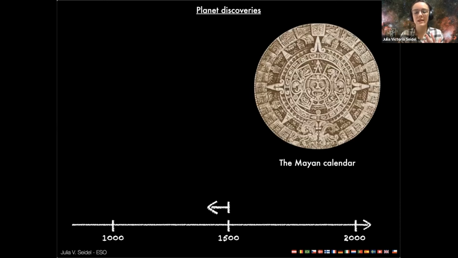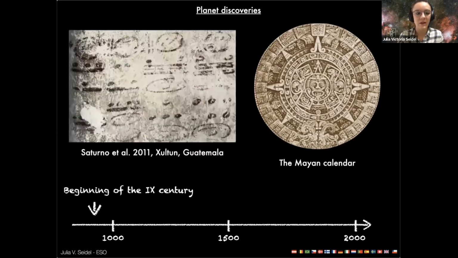This isn't just to show you the cultural impact that planets have always had on our civilizations, but also this is the very start of what I would call the planetary or the exoplanetary sciences, because even all the way to the beginning of the 9th century, there were observatories solely dedicated to tracking the movement of these wandering stars through the sky.